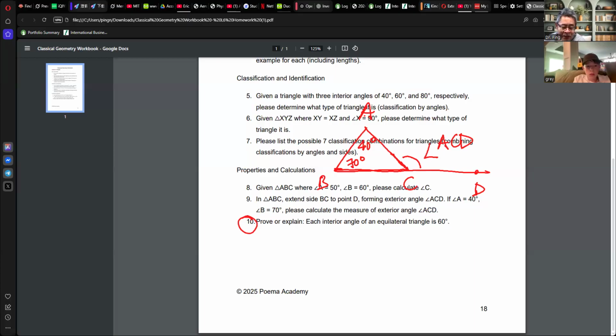Yeah, but why is each interior angle 60? Yep, it's because all the angles have to be the same, because we have the same sides. All the angles are the same, and we know added together it's 180. So each one has to be 60. Very good.